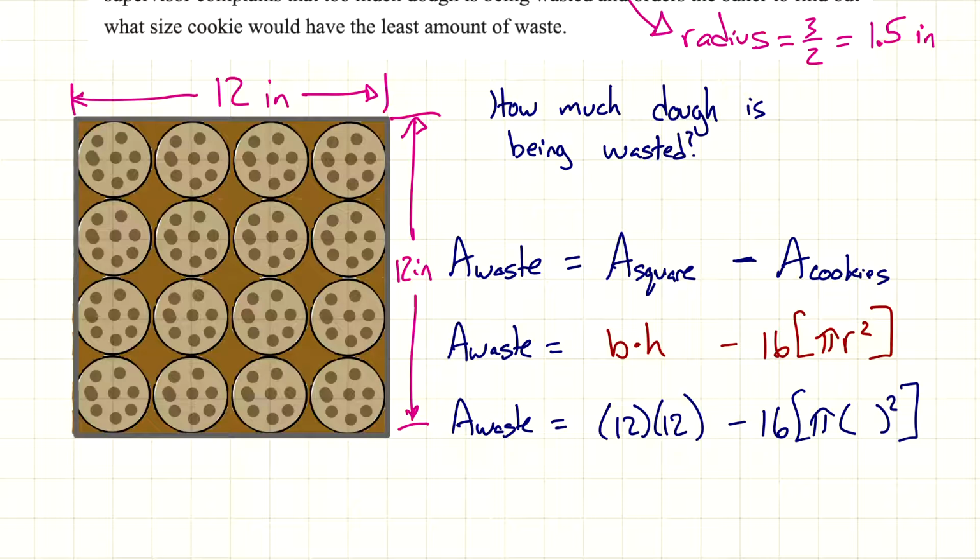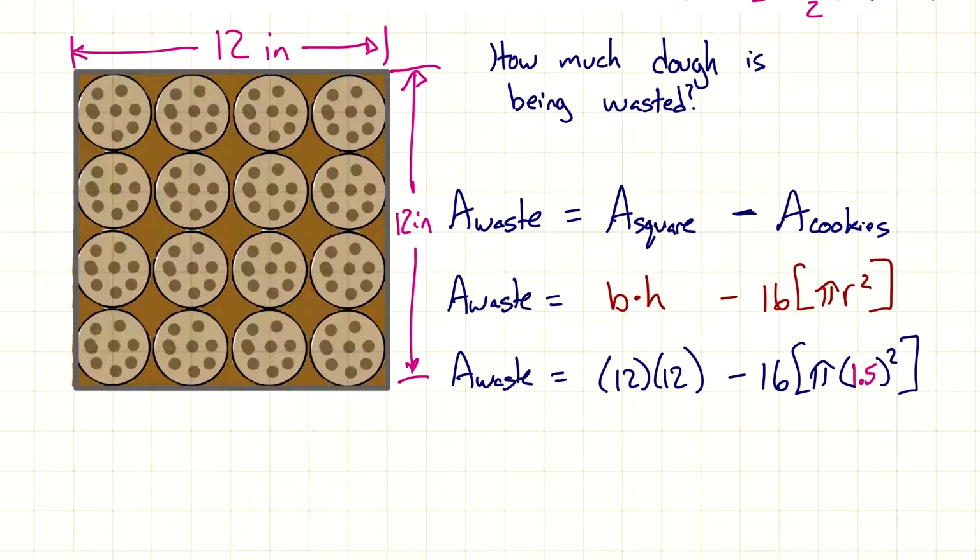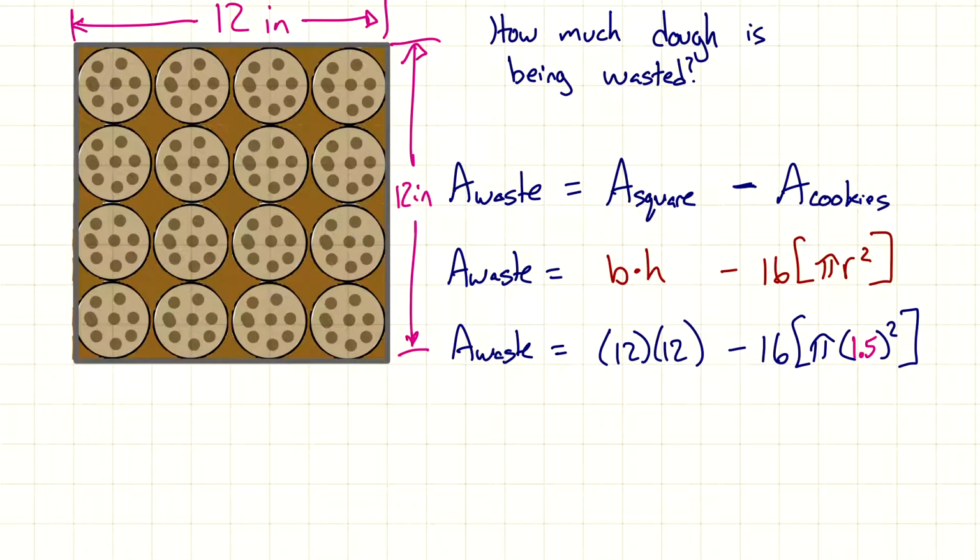All right, and then we said the radius was 1.5. Okay, so definitely, I think this is set up correctly. Yeah, let's do this first.